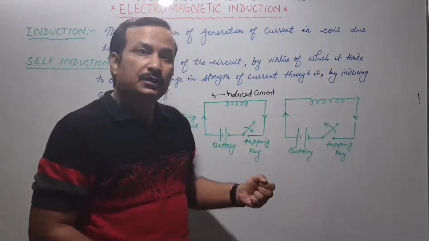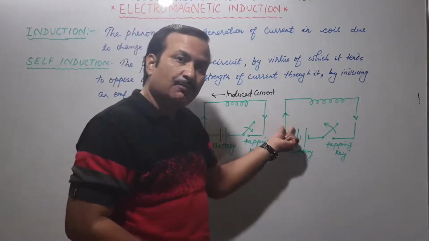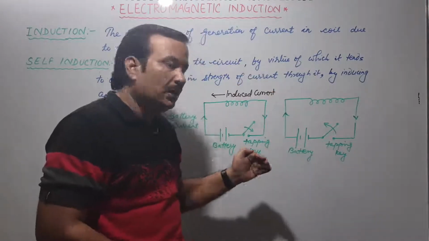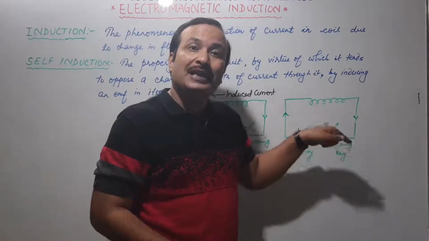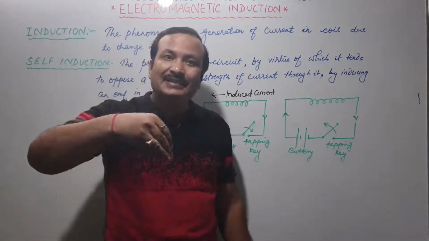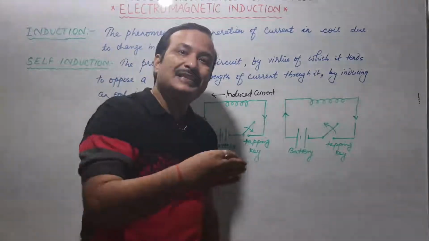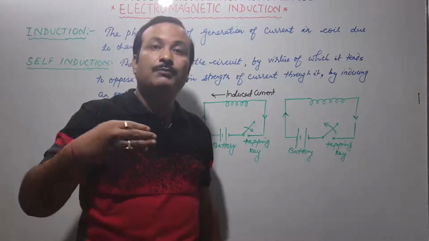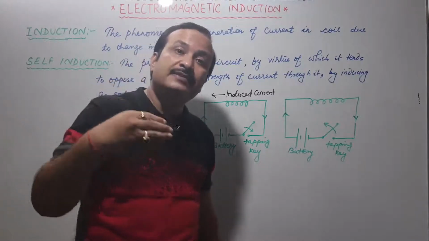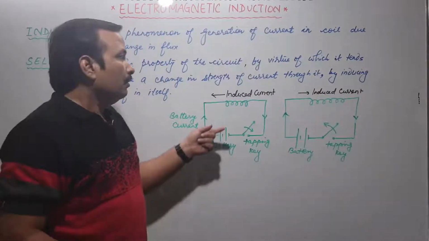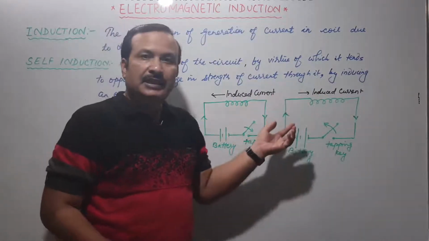Current will induce. यहाँ से जो बैटरी करंट जा रहा है वो कम जा रहा है, मैक्सिमम से मिनिमम हुआ, तो ऑब्वियसली the induced current उसका अपोज करने वाला है. क्यों? Because the current is decreasing, so it will try to maximize it. सो मैक्सिमाइज करने के लिए it will be inducing the current in the same direction so that it will be getting added.